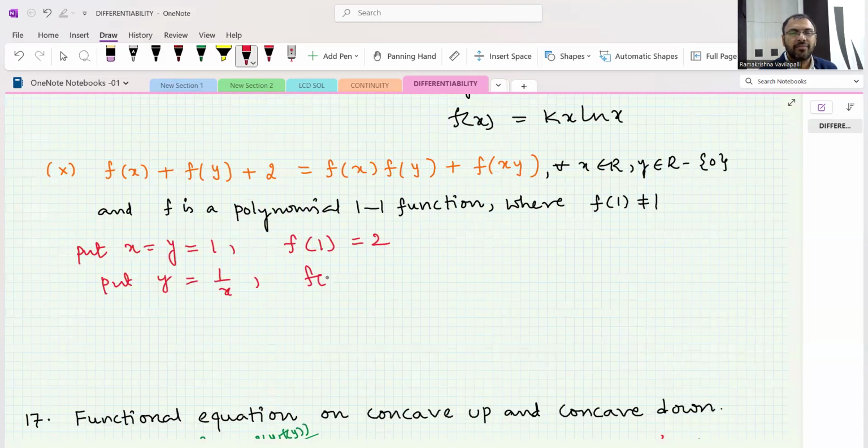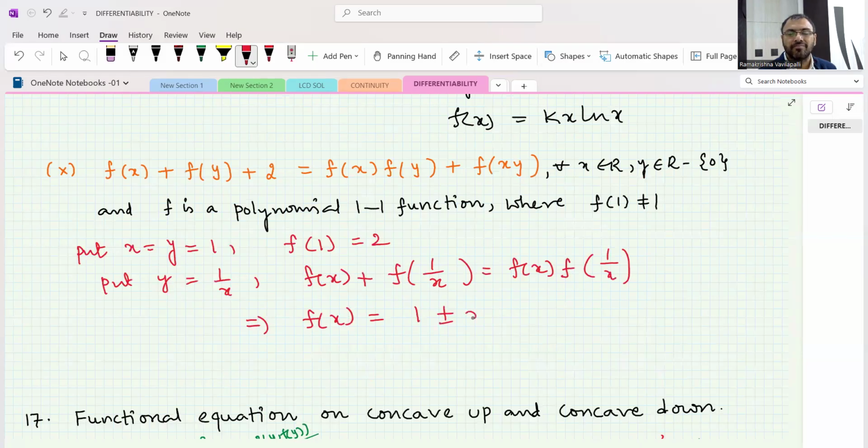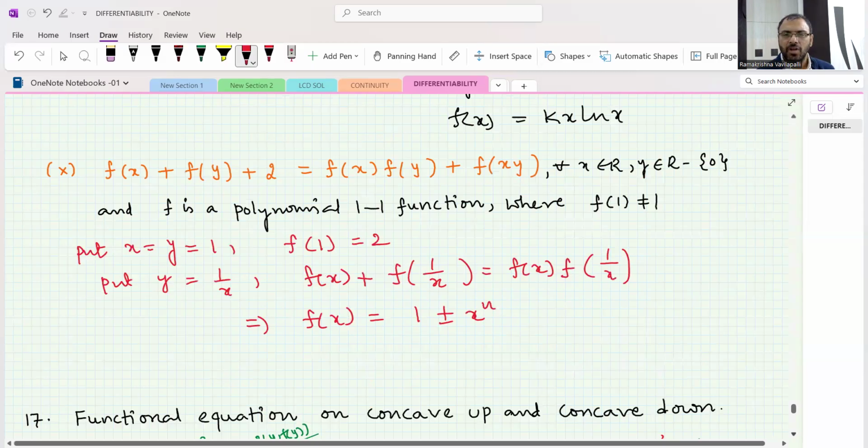We get f of x plus f of 1 by x equal to f of x into f of 1 by x. Rest all terms will be cancelled. Just now I told that this function is 1 plus or minus x power. That's it.